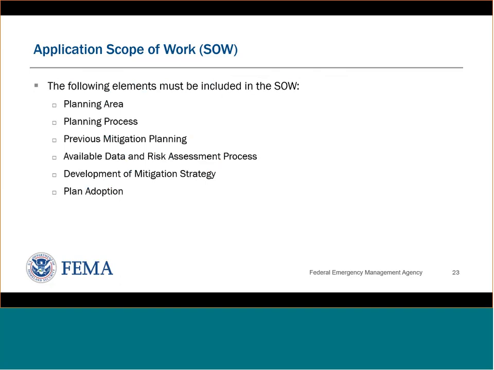So the first area that must be included in your scope of work is the planning area, the planning process, the previous mitigation planning, so has a mitigation plan been done before, available data and risk assessment process, development of the mitigation strategy, and then finally, the mitigation plan adoption. How is that going to be done? Next slide.